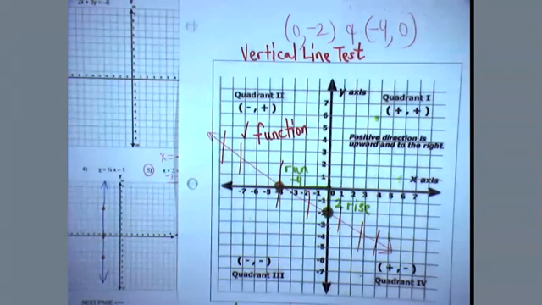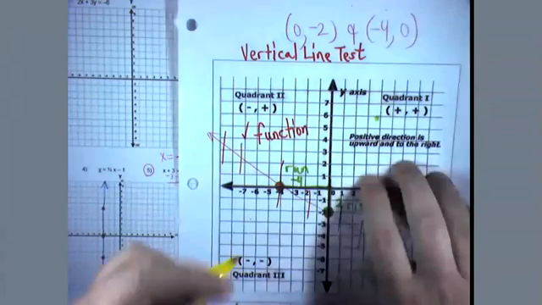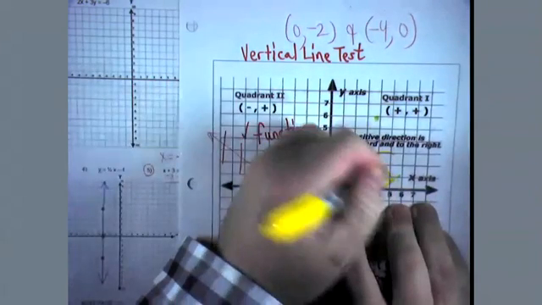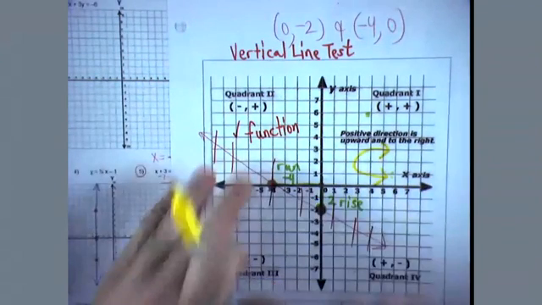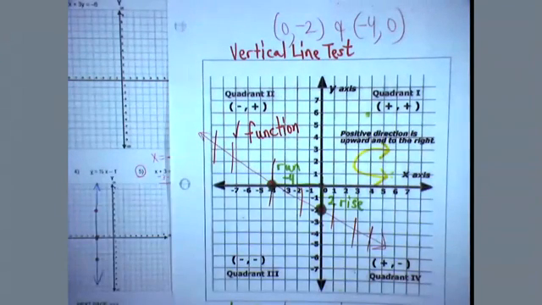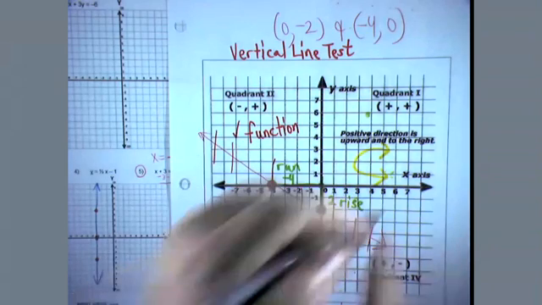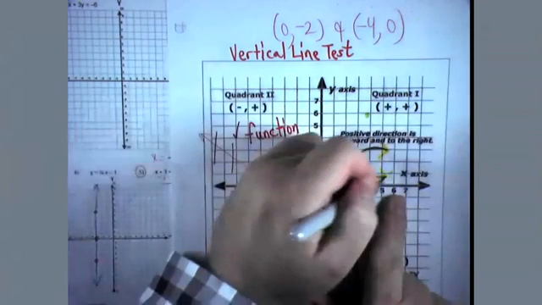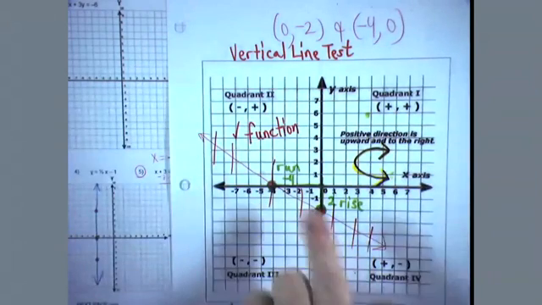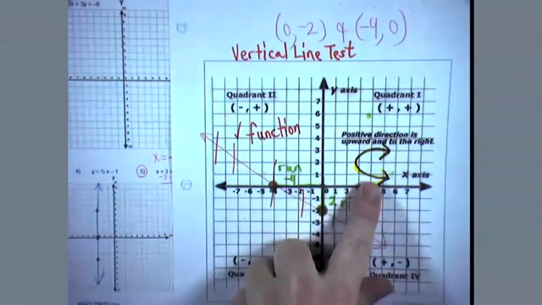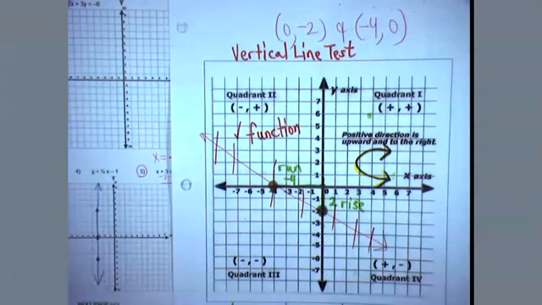Let's look at another graph. Oh, sorry, you can't see that too good. Given this graph, we need to determine with the vertical line test if it's a function or not.